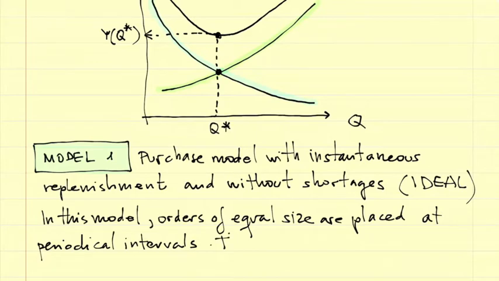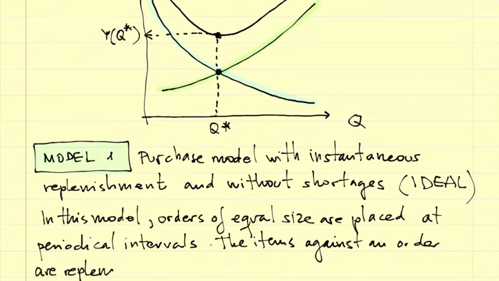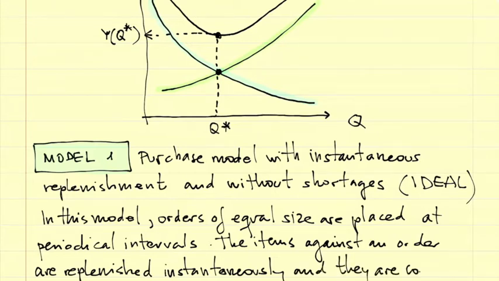The items against an order are replenished immediately, instantaneously, and they are consumed at a constant rate.